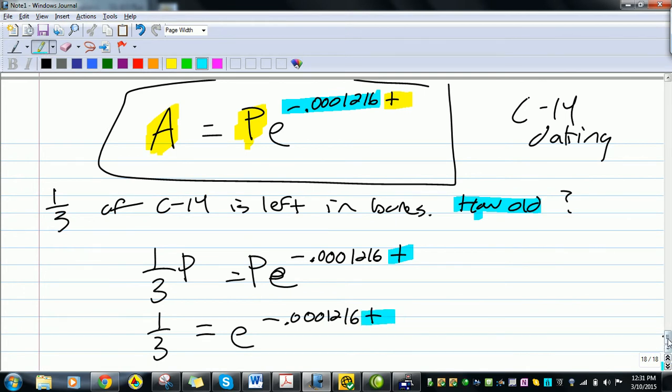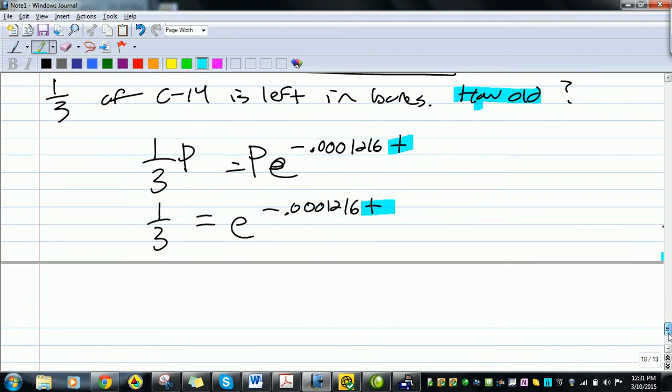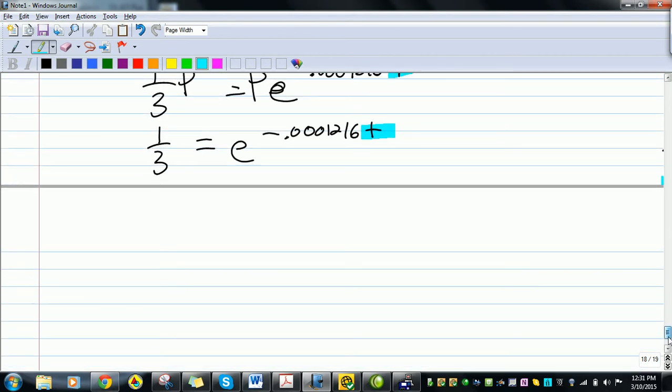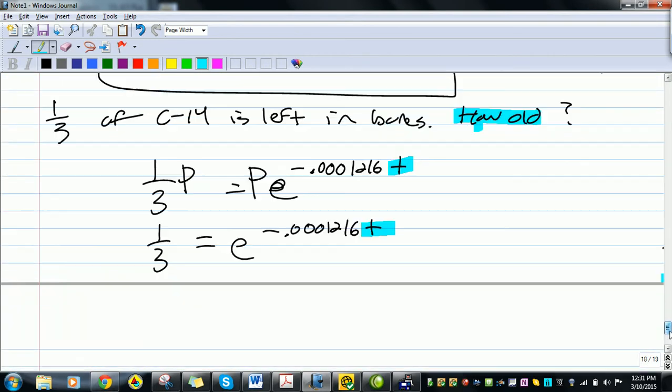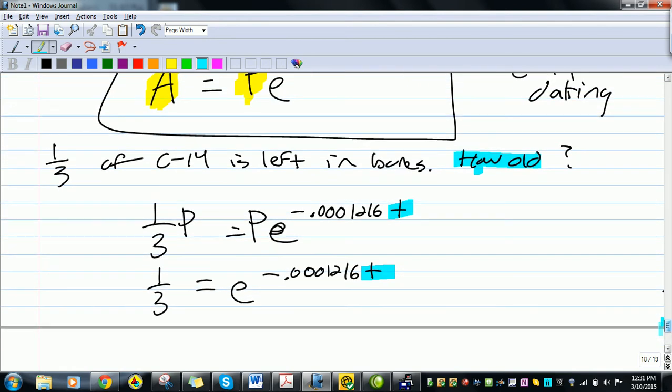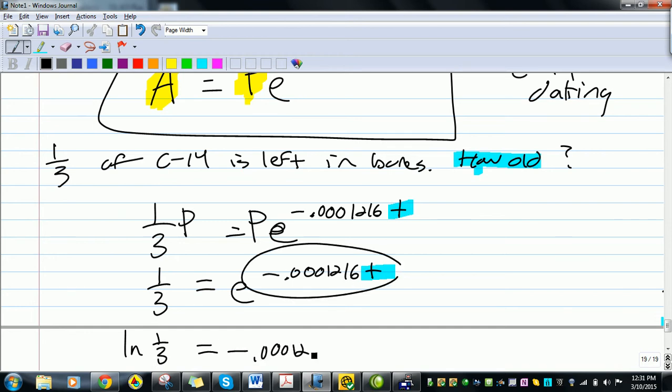Right? And we can either rewrite as its equivalent logarithmic, or I think it's just as easy to do as we have and take the natural log of both sides, right? So if I natural log the left, I get natural log of 1/3. And if I natural log the right, that comes down, 0.00011216 t. And then I have times what's left, the natural log of e, right?